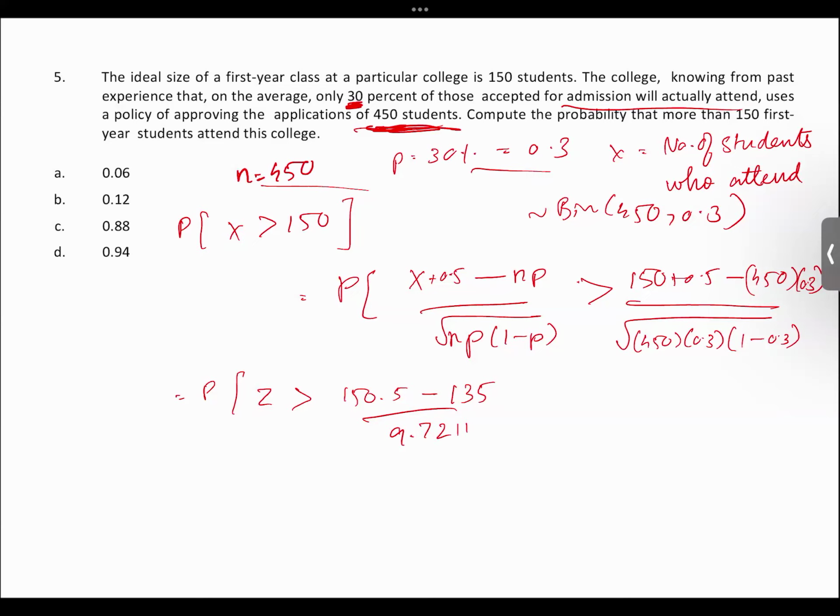What do you get? So 150.5 minus 135 divided by 9.721.